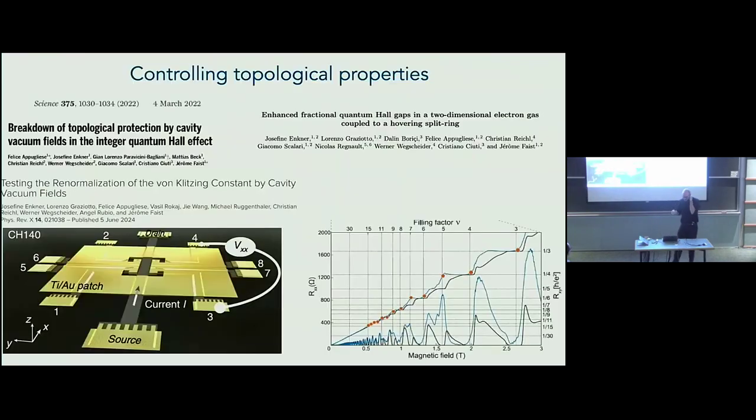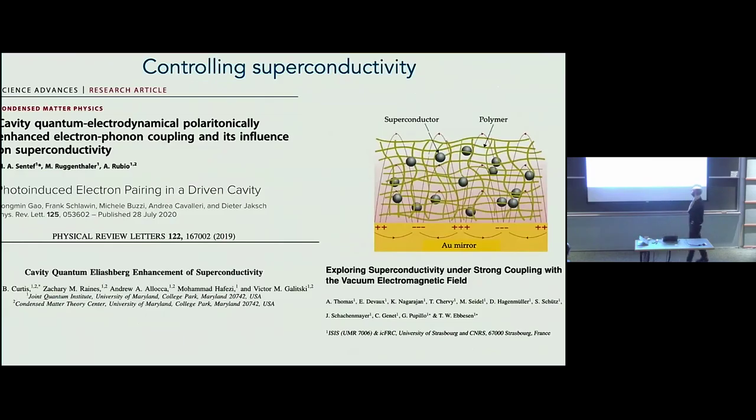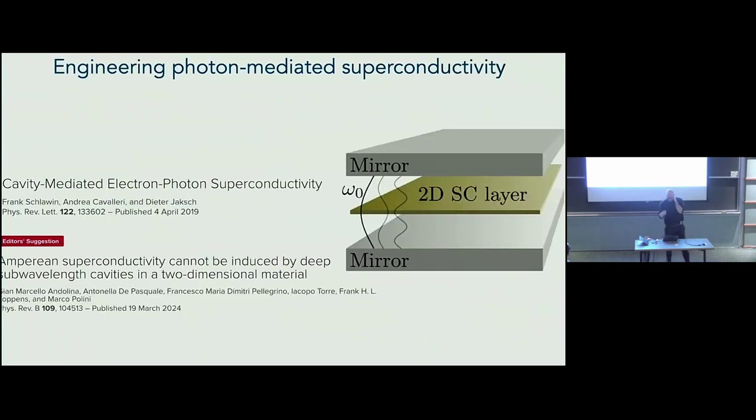And of course, in the past 10 years, we saw a lot of very interesting experimental work, a lot of theoretical proposals, for example, to change the topological property of a material, but then also these things about changing the superconductivity.